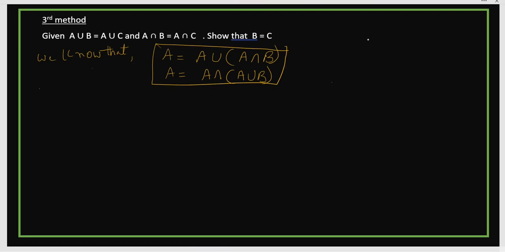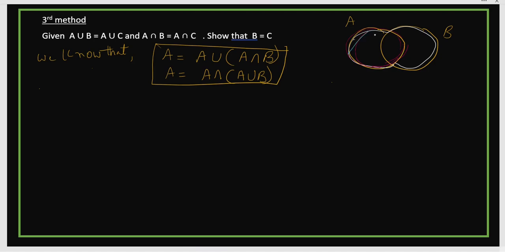You can see this, suppose this is A, this is B. What is A union B? This is A union B. So what is A? This is A. What is the intersection between A and this white portion?